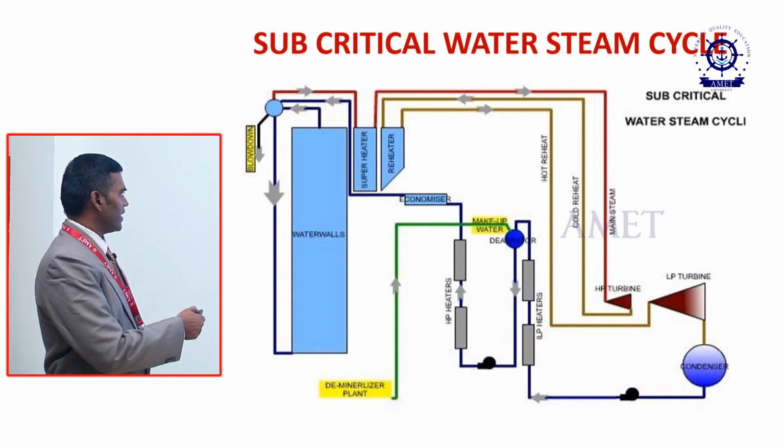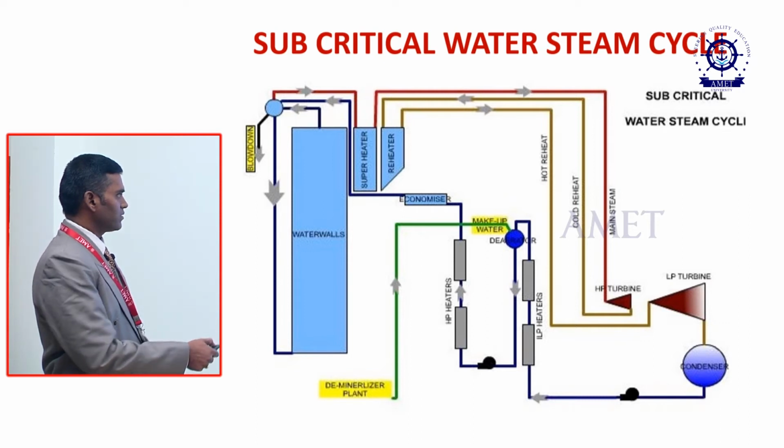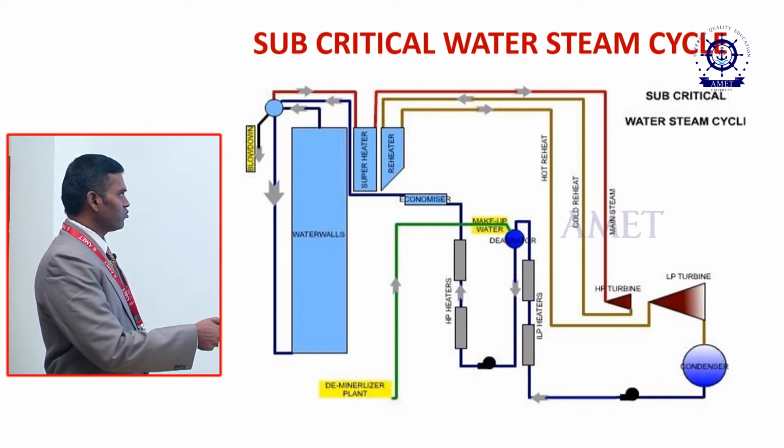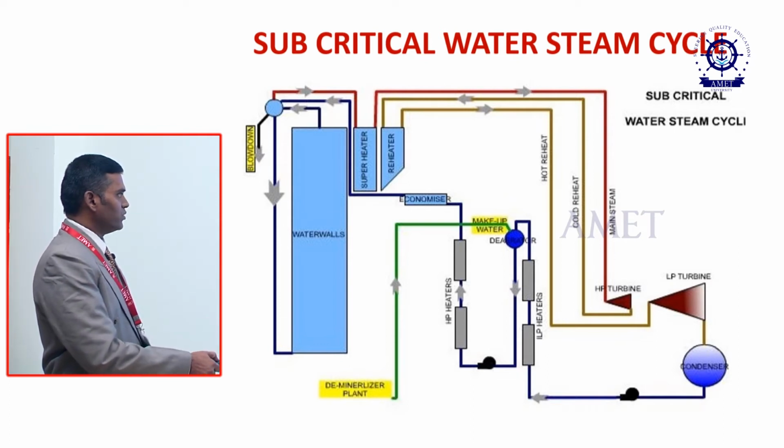Similarly, there is a return line from the water wall tubes to the superheater to the HP turbine. Again there is a cold reheat line which circulates into the reheater, then the reheater heats the steam, then again it goes through the hot reheat to the low pressure turbine.